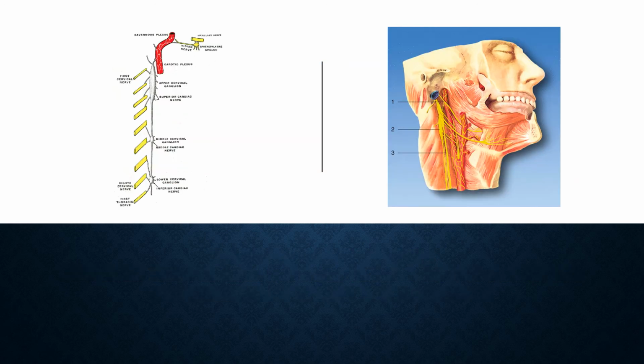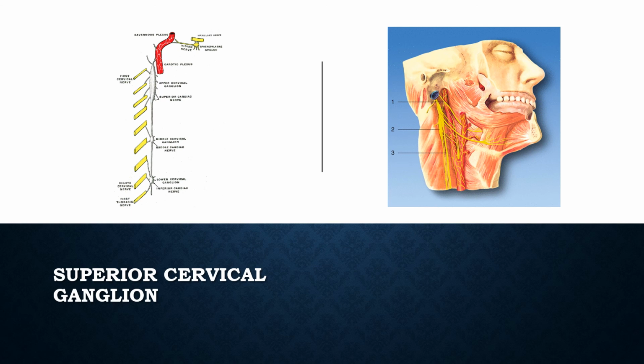This last slide is the superior cervical ganglion, which is the site of postganglionic nerve cells that elicit dilation of the pupil. And there it is in writing, in case you missed it.